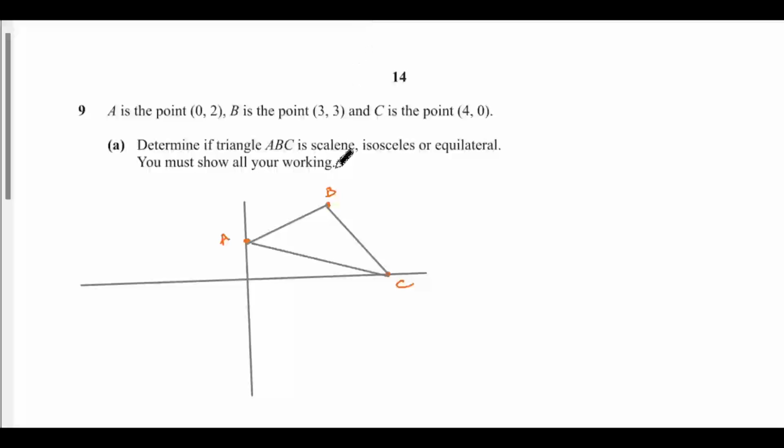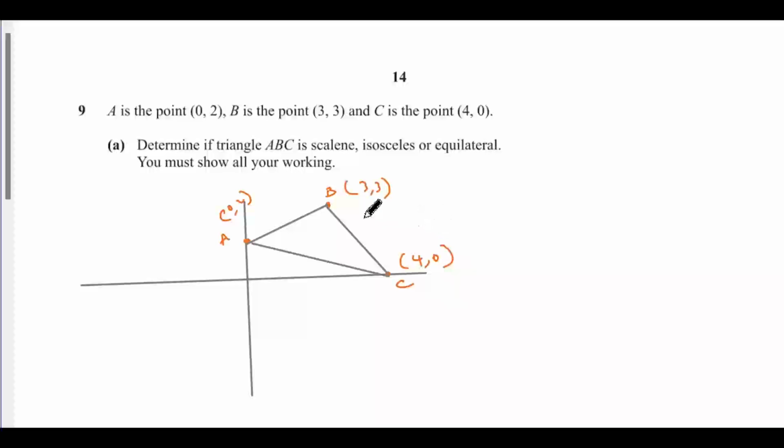Okay, so we want to find for coordinates. I think it's good to put the coordinates there. So A is equals to 0, 2, then B is equals to 3, 3, and C is equals to 4, 0.